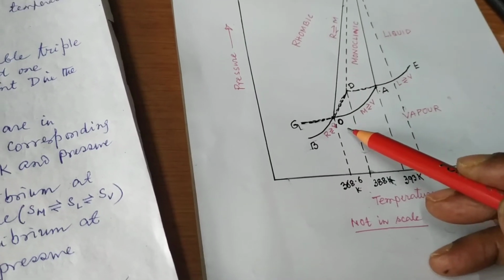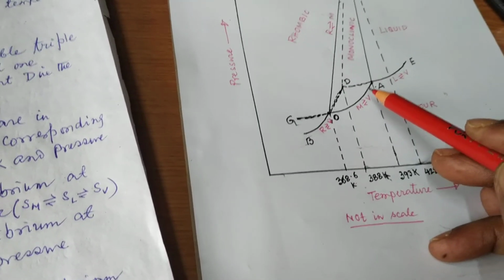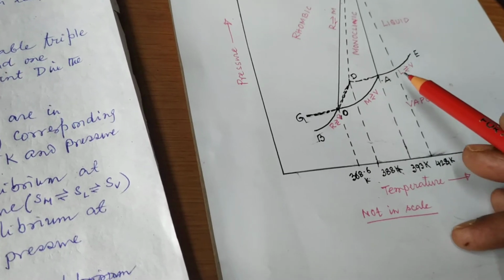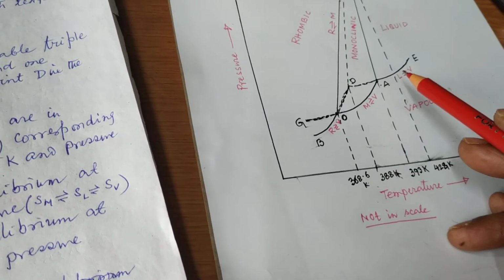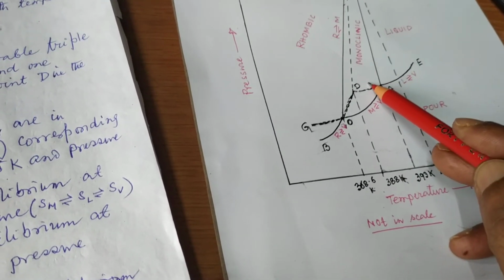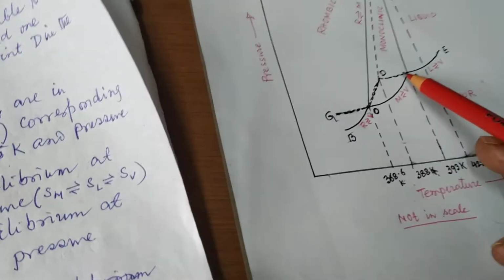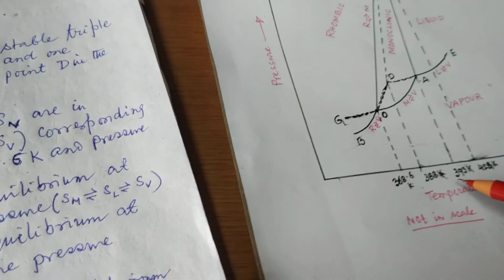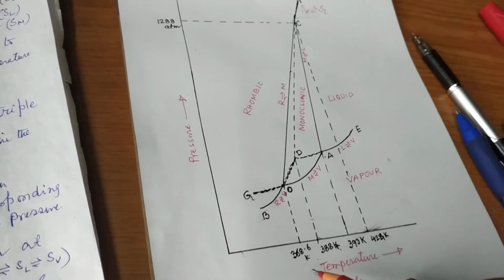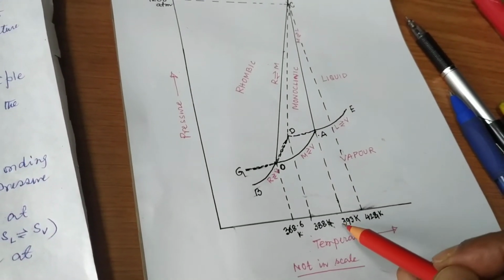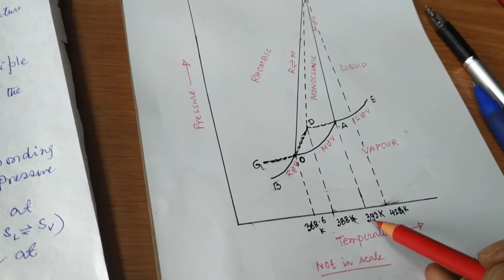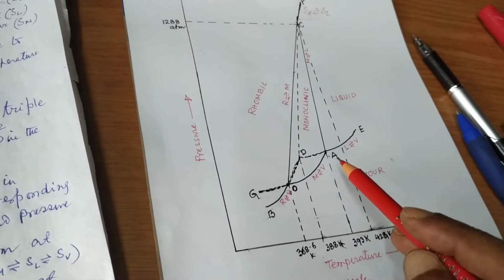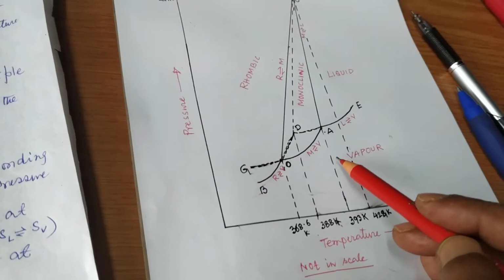Now at point A, monoclinic sulfur, liquid sulfur and vapor are in equilibrium. The temperature is 393 Kelvin. I have already said that these points are not to scale. The pressure is 0.04 millimeter.